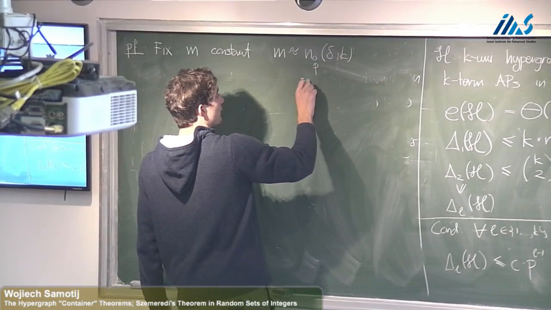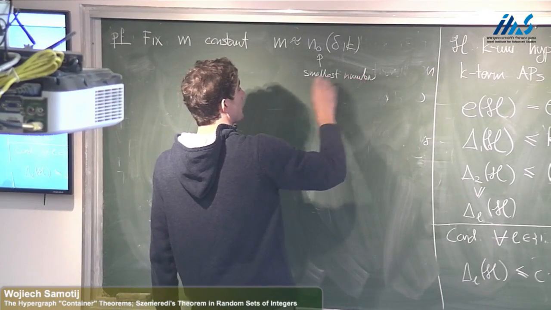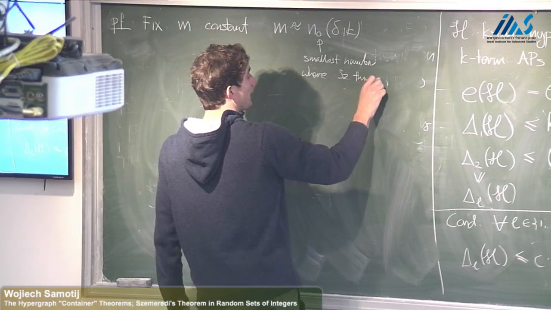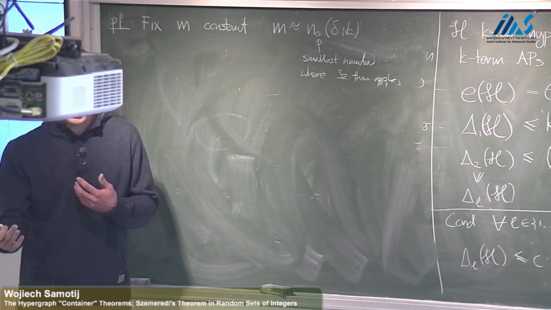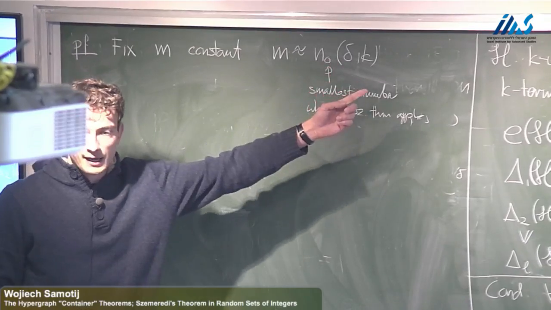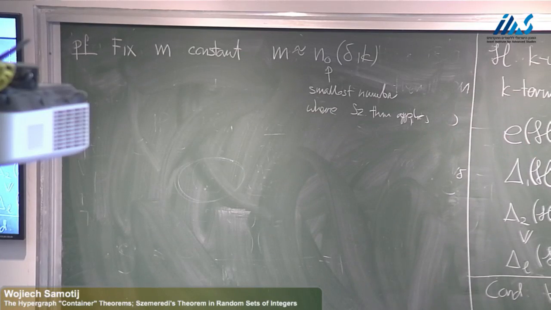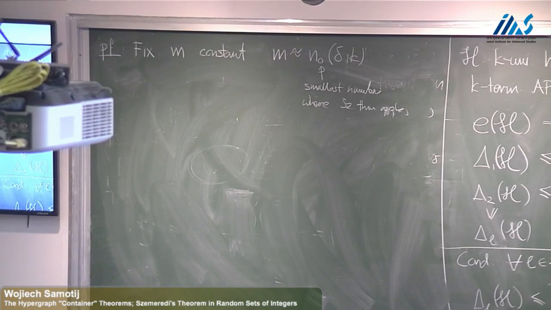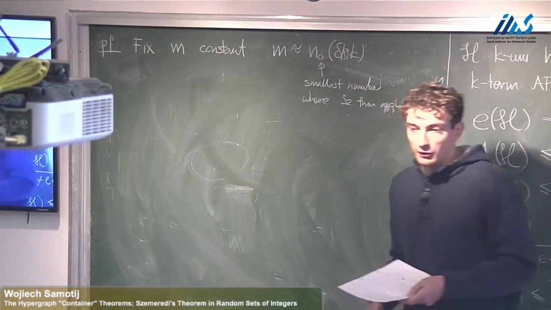This is the smallest number where Szemeredi's theorem applies. Right? Szemeredi's theorem applies only if the number of integers is sufficiently large, and I take the smallest such n for a given delta and k, and this is just for all purposes some constant. It won't be a very small constant, but it's just a constant. Actually here, sorry, let me take delta over 8.